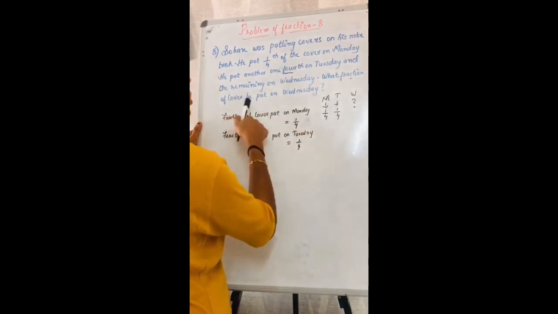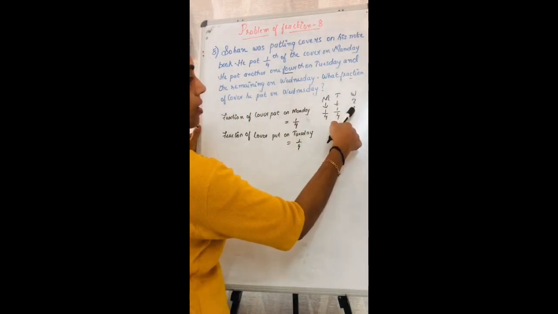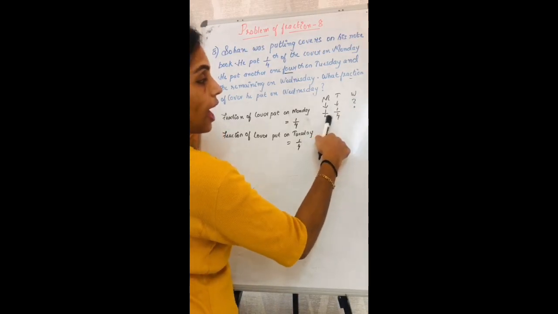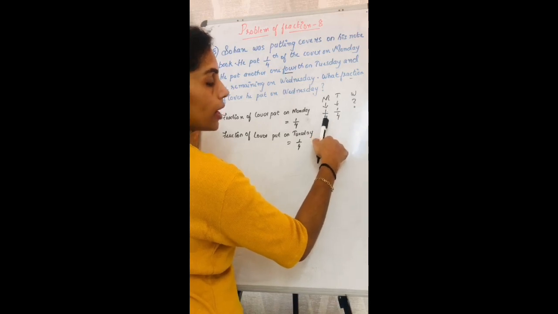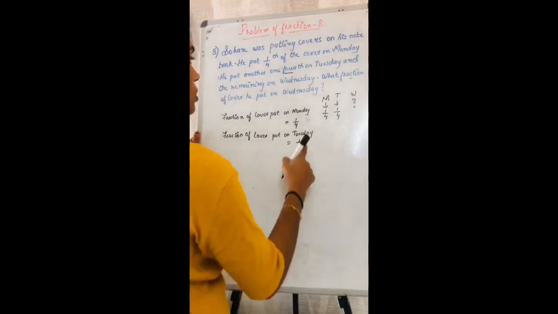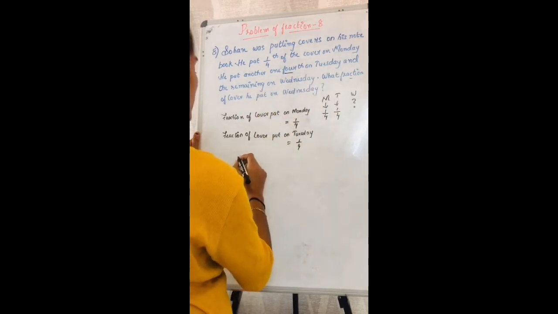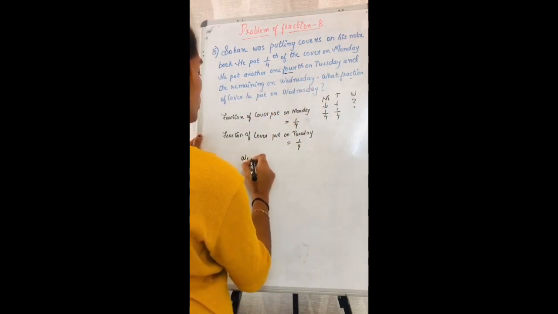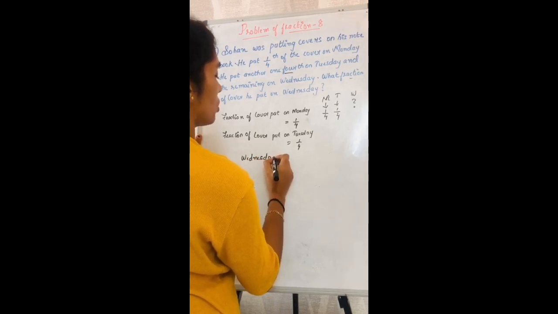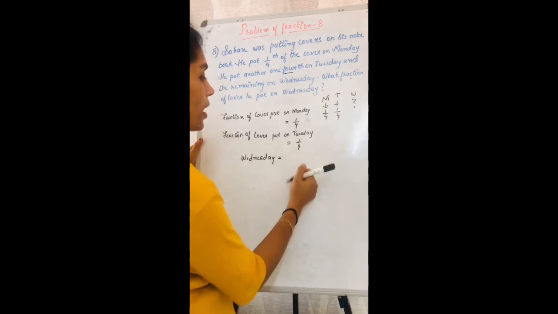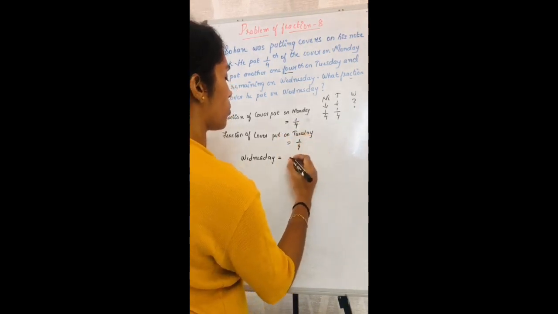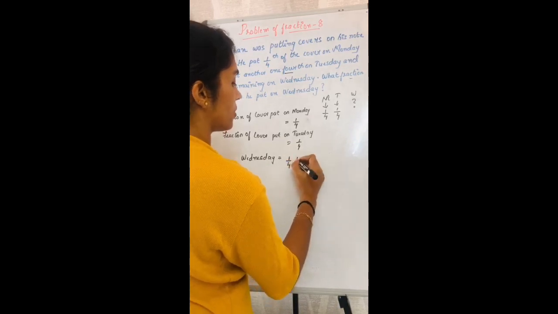So when you want to find something on Wednesday, of course you have to add the total put on Monday and Tuesday and subtract it from the total. That's simple subtraction, right? On Wednesday, you have to find how much he put. So just add this 1 by 4 and 1 by 4. That is the first step, right?